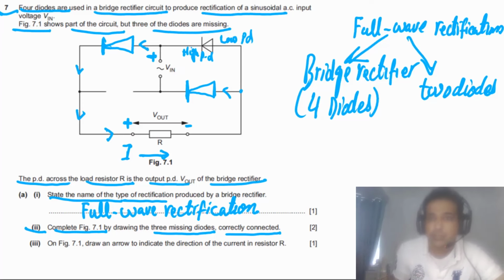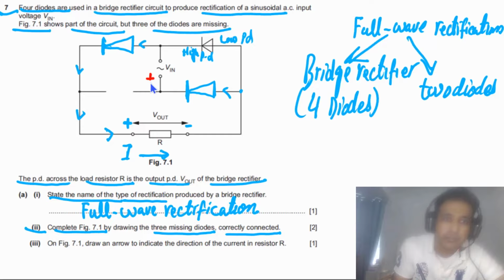Now let's try to understand when the lower terminal is positive, because this is AC. I mean this is positive, this one is negative, so current has to enter from this side, because full wave rectification means that current flows only in one direction.